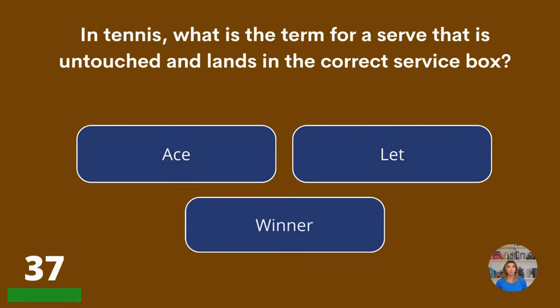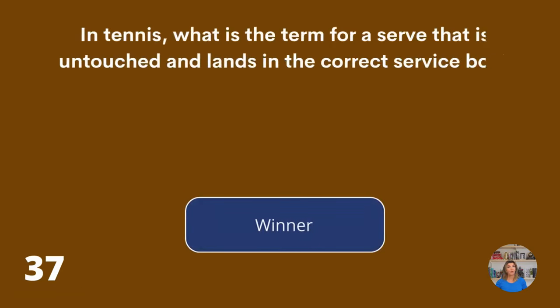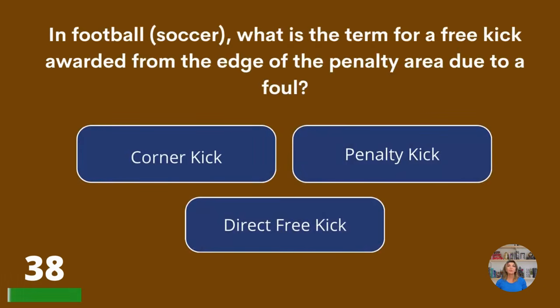In tennis, what is a term for a serve that is untouched and lands in the correct service box? Ace, let, or winner? Winner. In football, what is the term for a free kick awarded from the edge of the penalty area due to a foul?